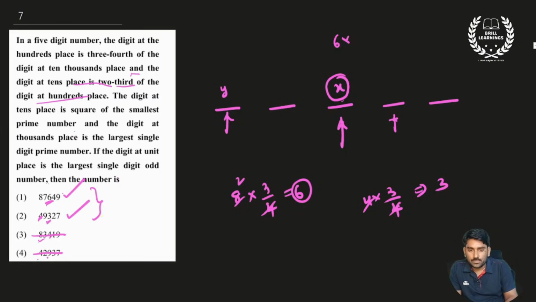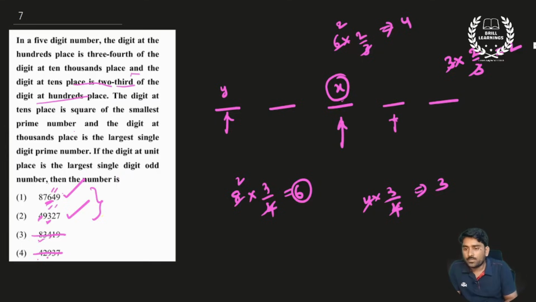In the first case, 6 into 2/3, 3 ones are 3, 3 twos are 6, so we will get 4 here. In the second option, we have 3 in the 100th place, 3 into 2 by 3, cancel it, we will get 2. So both options are again following the condition.